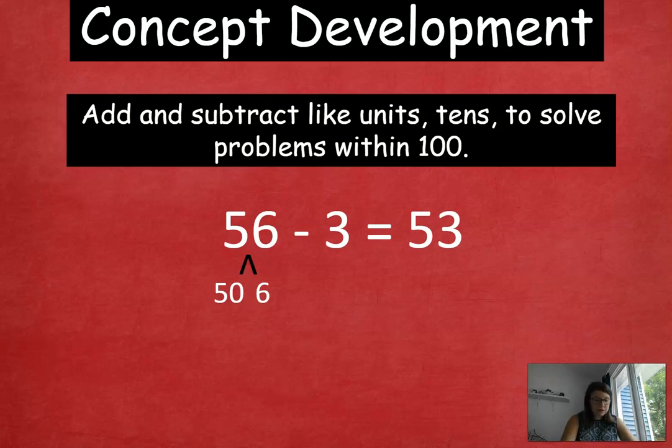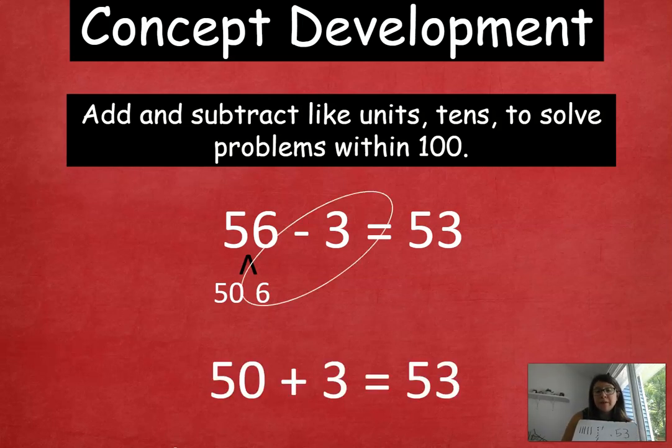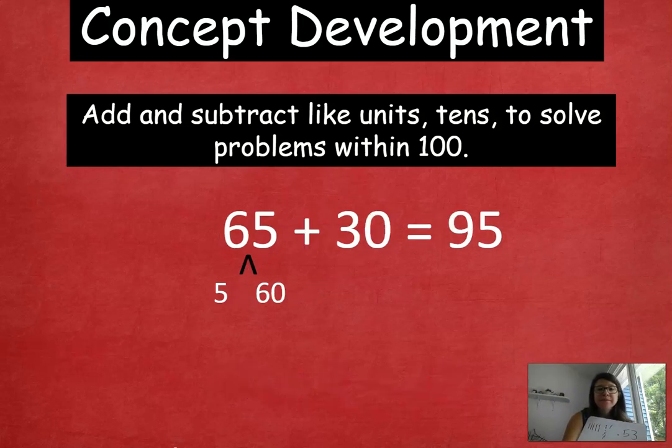So I'm going to cross off 1, 2, 3, and I got 53. Now what they're doing here is you have to subtract like units. So the like units would be 6 and 3. So it would be 6 minus 3 is 3. 50 plus 3 equals 53. Okay? You have to either add or subtract your tens or add or subtract your ones. Don't mix and match. Try this one.